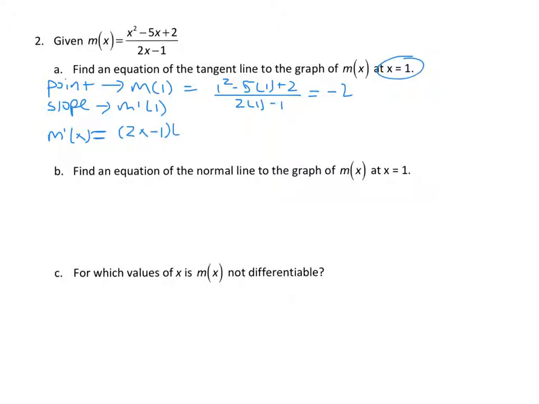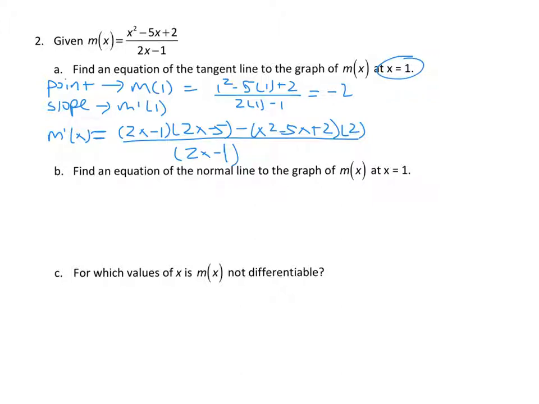D high, the derivative of the top, 2x minus 5, minus high, x squared minus 5x plus 2, d low, derivative of the bottom is 2, over low squared, 2x minus 1. And I don't need to simplify that, I just need to evaluate that at 1.